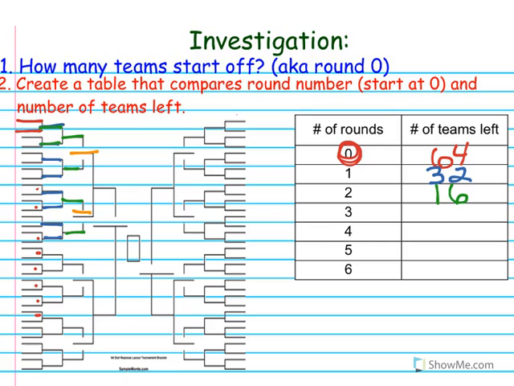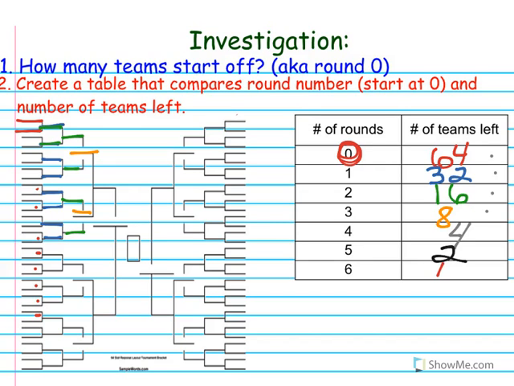And when you cut the 16 in half, you will end with 8. Hopefully you are seeing this pattern over here, that we're cutting them in half. 64, 32, 16, 8, and then we would have 4 and 2. If we cut the 2 in half, we will end with 1 team.